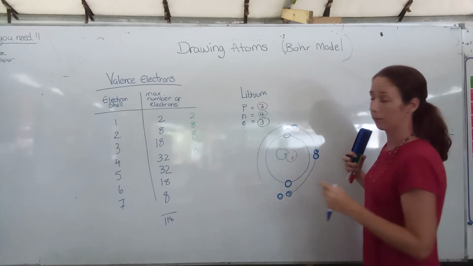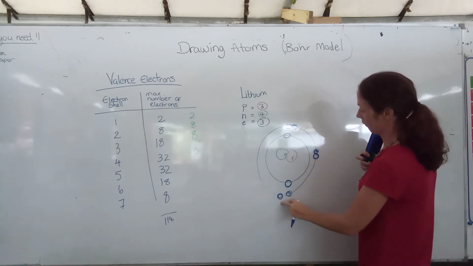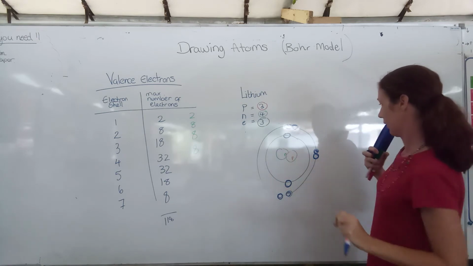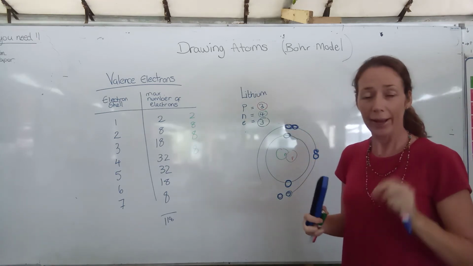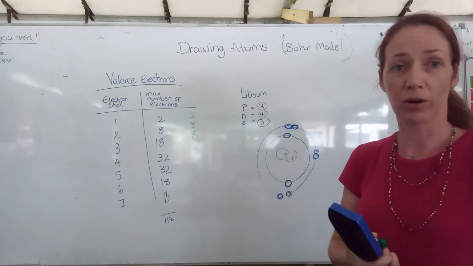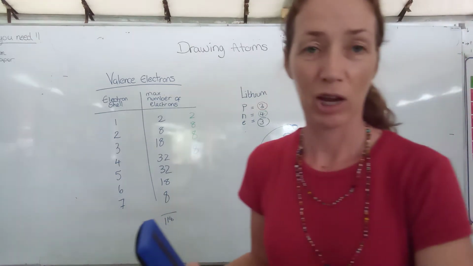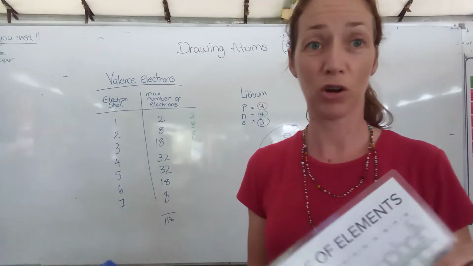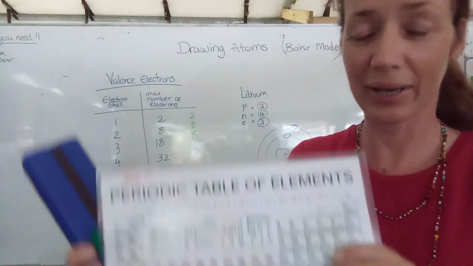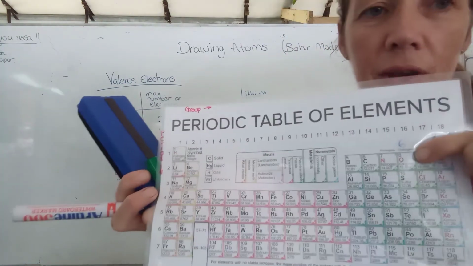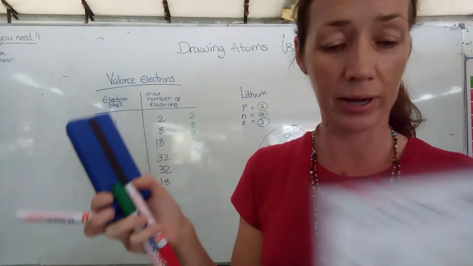So I know now I've got 2, 4, 6, 8 electrons. 8 electrons tells me I've got 8 protons. 8 protons means I have an atomic number of 8, and boom. The name of the element would be oxygen, okay?